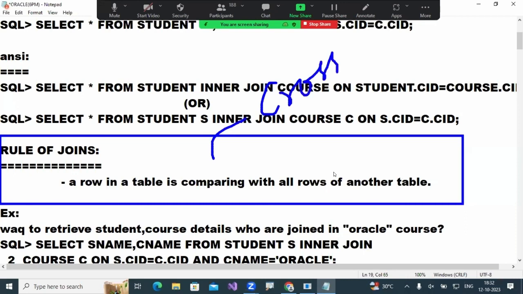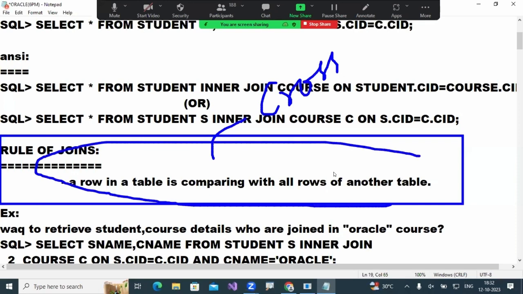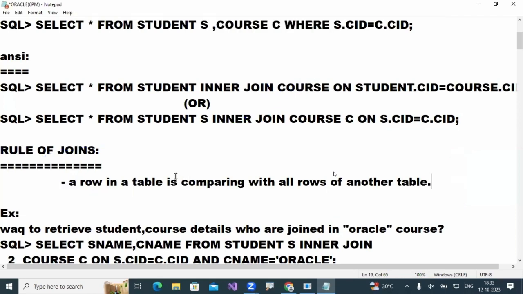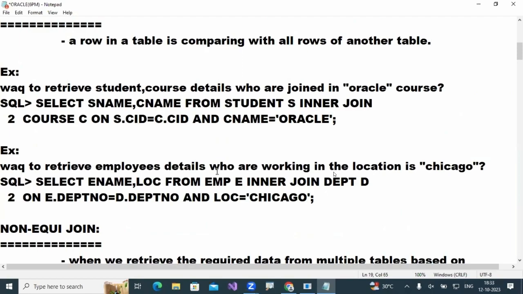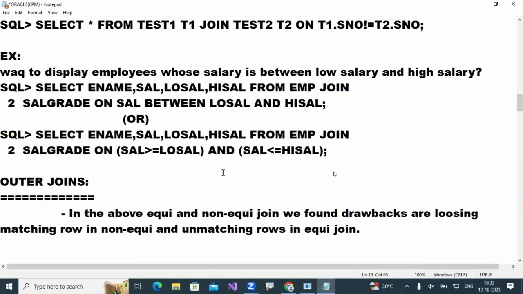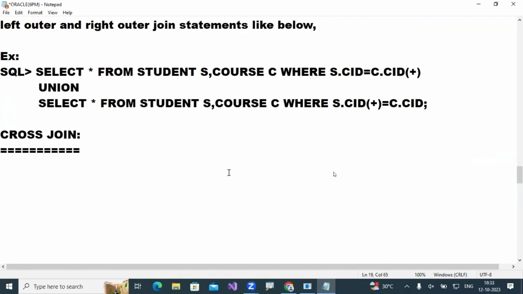Because the cross join shows exactly how the rows are joined together, row to row. So the rule given by people is exactly followed by cross join, and practically it will show it. Understand? So that's why, if anyone asks you for the default join, you can say cross join.